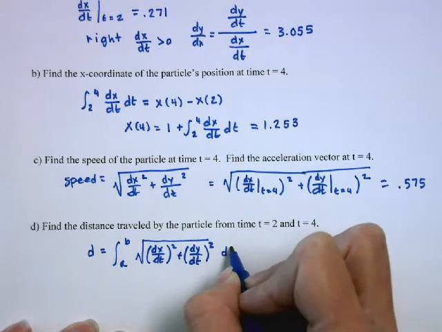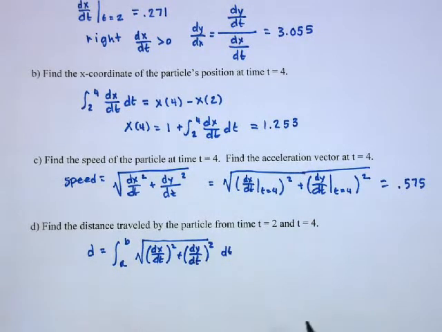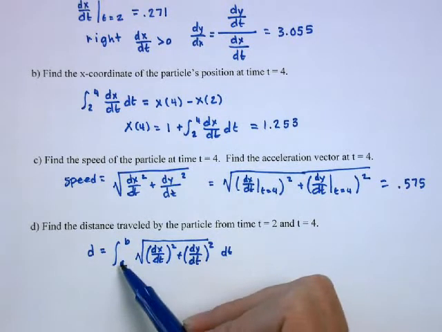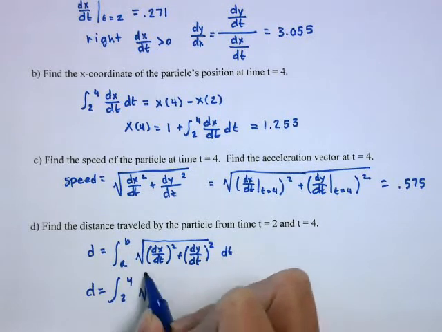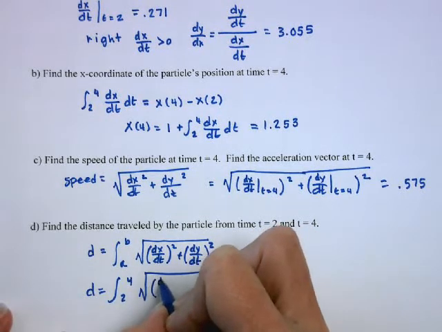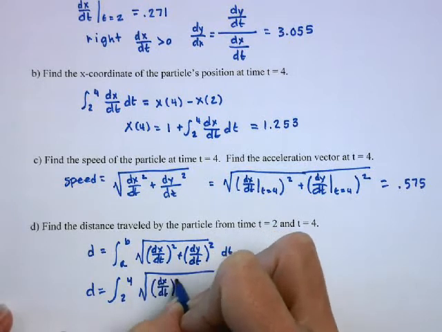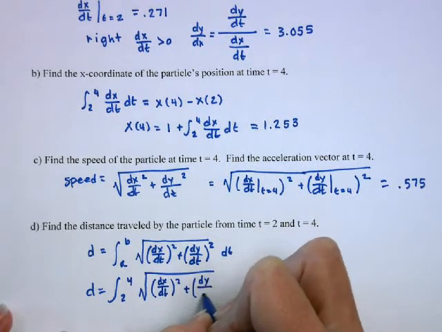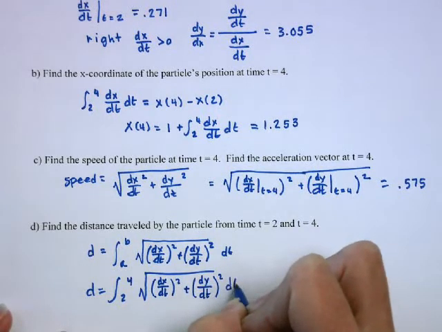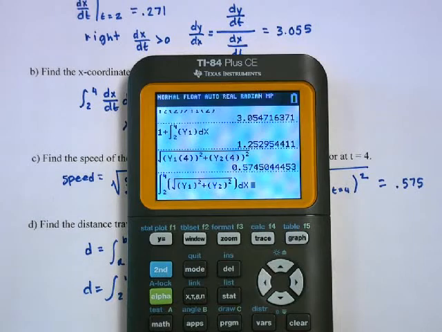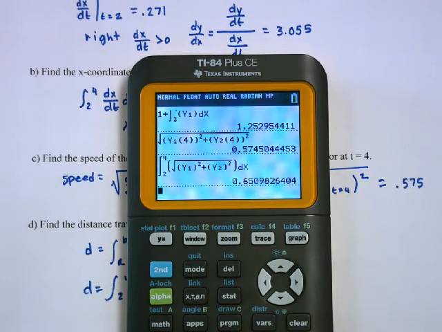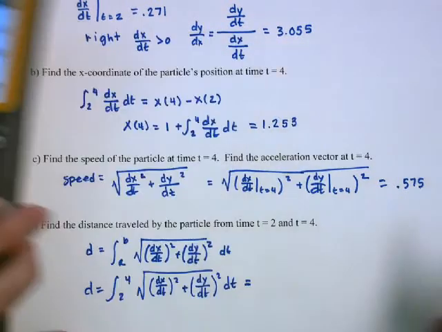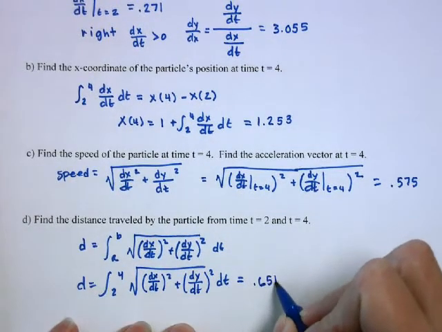For this problem, our a and b are going to be 2 and 4. So type that in. Okay, it's thinking. Our answer is 0.651. Okay, so these are a variety of different ways that we can use integrals in application problems.